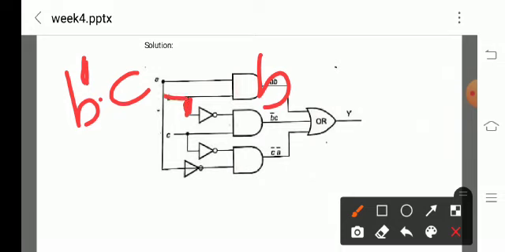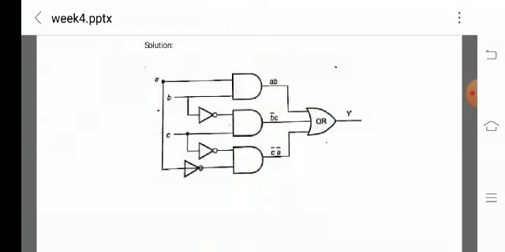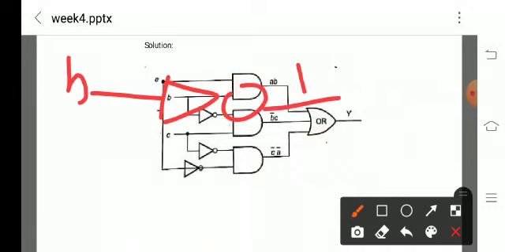I take this B and give it into the NOT gate, then it becomes B dash. Again I repeat, if I give this B into the NOT gate, it becomes B dash.